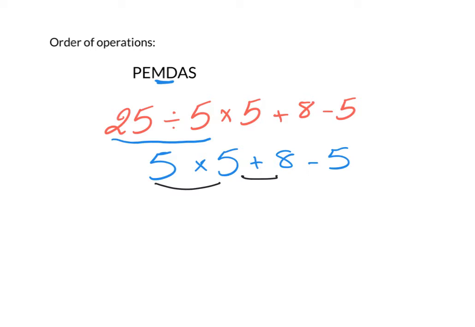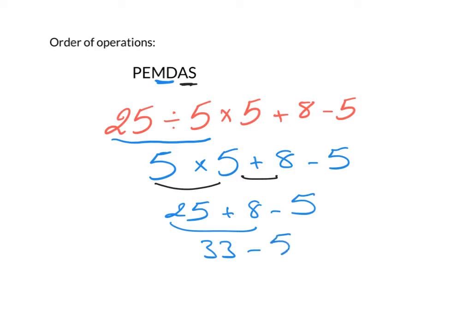Because multiplication comes before addition and subtraction, right? So 5 times 5 will be 25 plus 8 minus 5, and then we're gonna add first: 25 plus 8 will be 33. Take away 5, and the answer is 28.